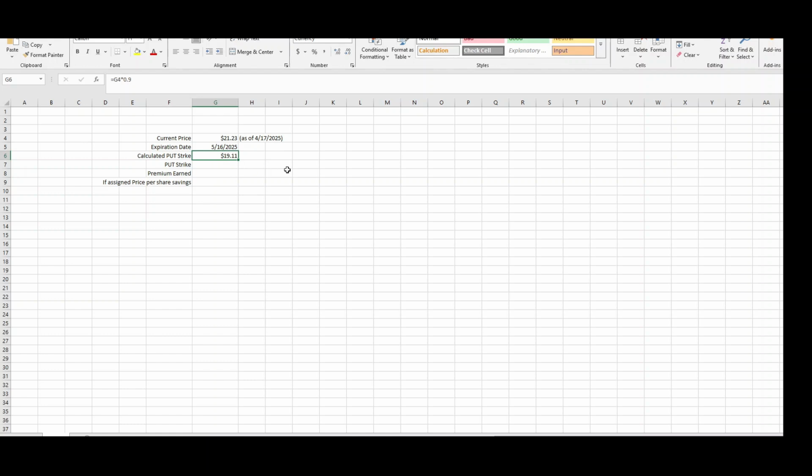Now, we can go up or we can go down. If you want to be a little bit more aggressive with that, you can increase that to $20 or something. But if you want to be a little more safe with it, you can bring that down as well. But we do have to look to see, is there any premium that would be paying us at that price? So let's go check that out. Now remember, it's $19.11.